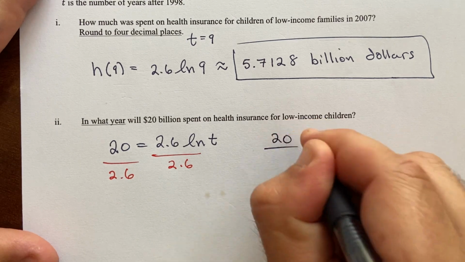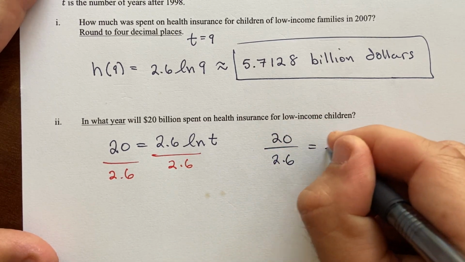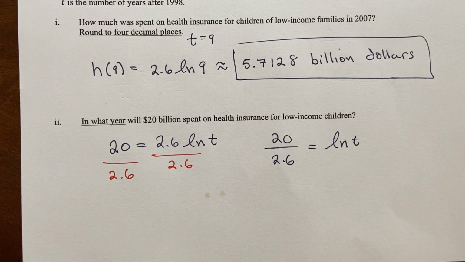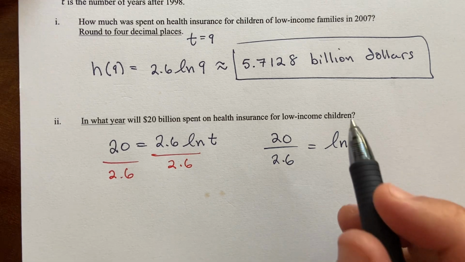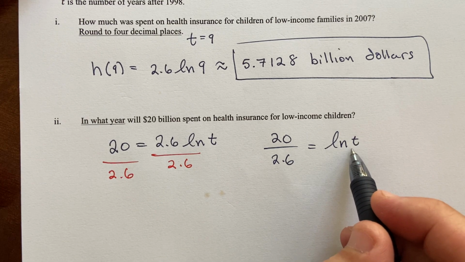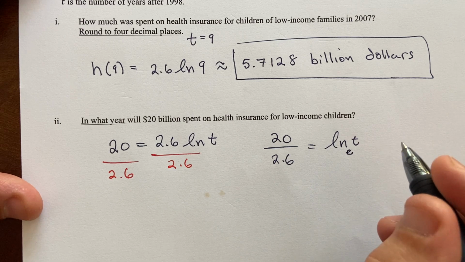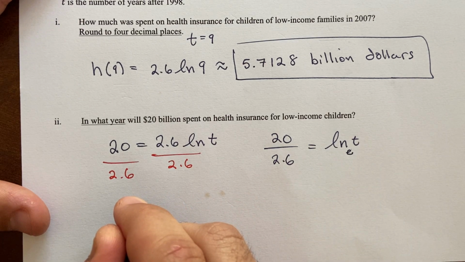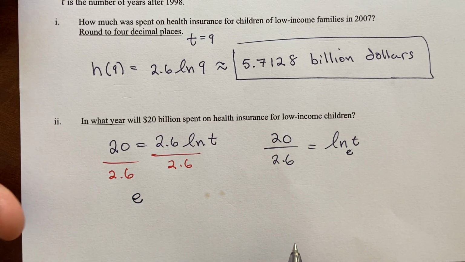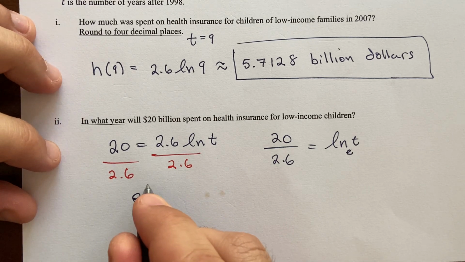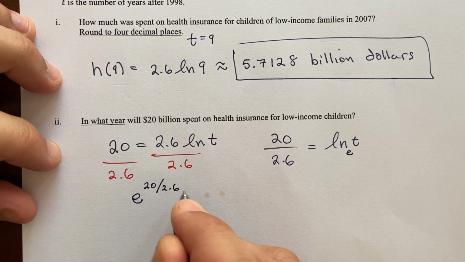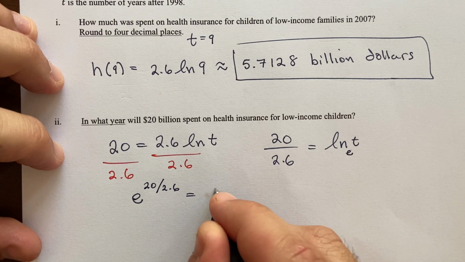So 20 over 2.6 equals ln of t. And ln of t, or ln of anything, this is a log base e. So really there's a base e there. So if you want to switch it to exponential, you'd say e to the 20 over 2.6 equals t.